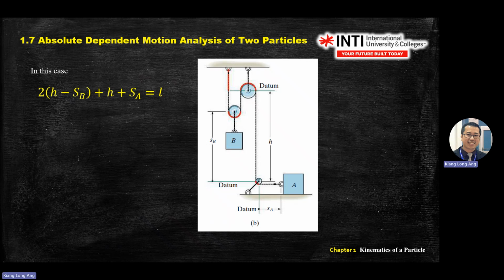This length is, you take H minus this one, right? You get only one section, right? But this one got two sections. You are calculating this one plus this one and this one and this one, right? So is 2 bracket H minus SB is this one plus H plus 2SB.